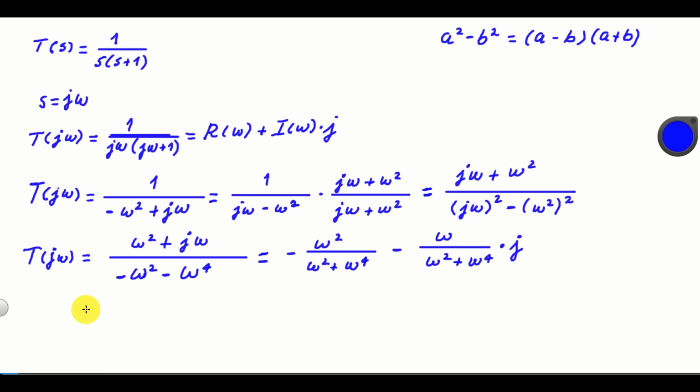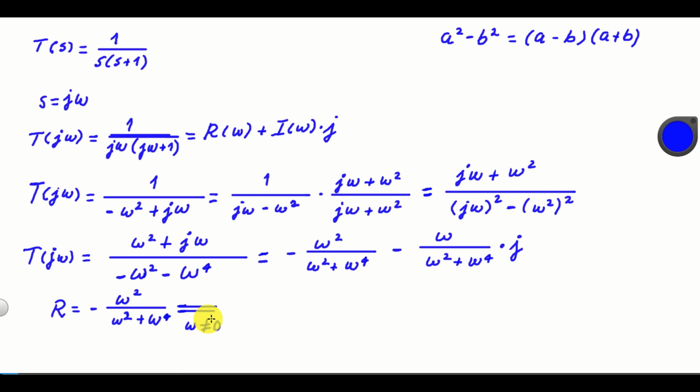And consequently, the real part is minus omega squared over omega squared plus omega to the power 4. Now, if omega is not equal to 0, I can divide the numerator and the denominator by omega squared.